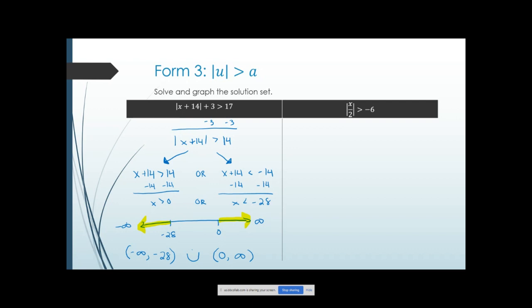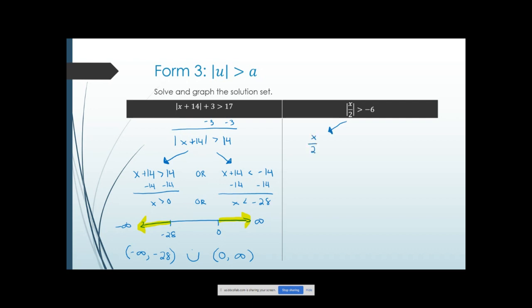Okay, now let's look at absolute value of x over 2 greater than -6. Same sort of thing, absolute value already by itself. So now we create two separate inequalities.